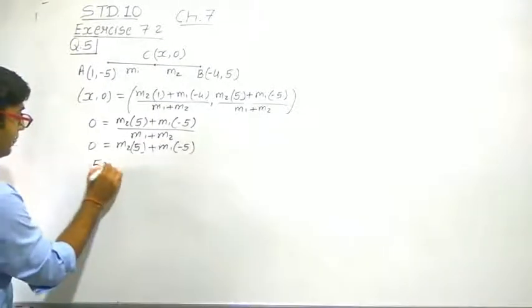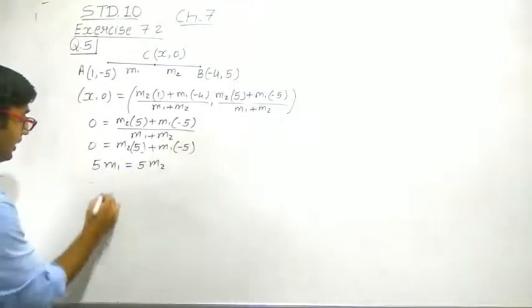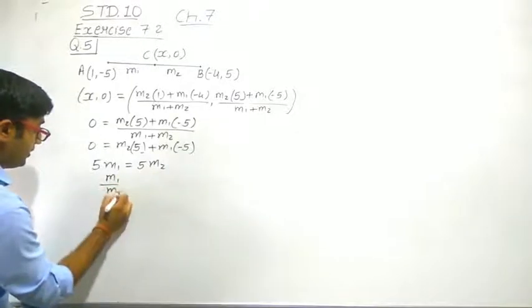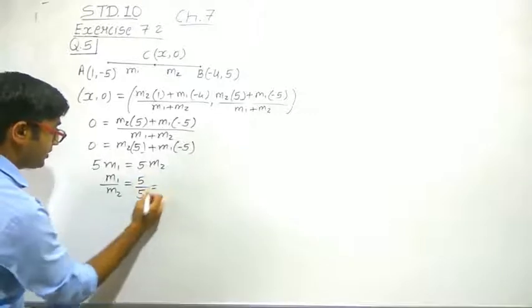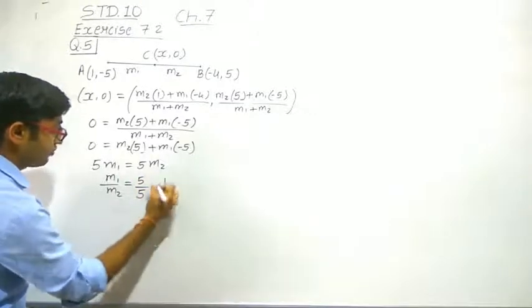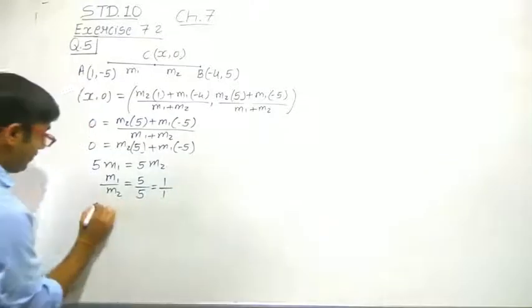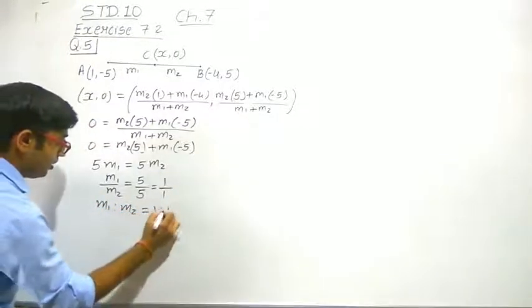So we get 5 m1 is equal to 5 m2. Now take m2 to the left hand side and this 5 to the right hand side. So 5 upon 5 is equal to 1. So the ratio m1 is to m2 is equal to 1 is to 1.